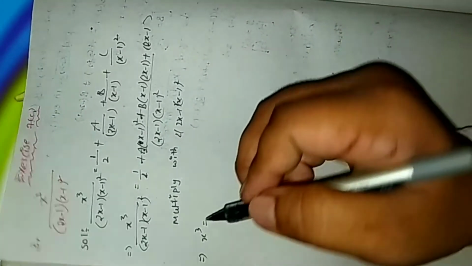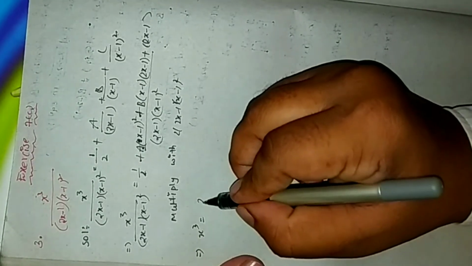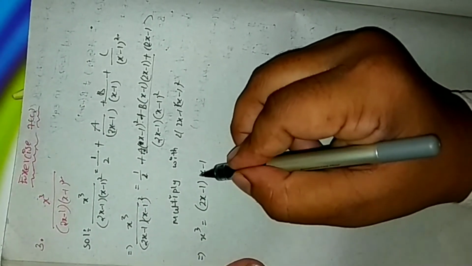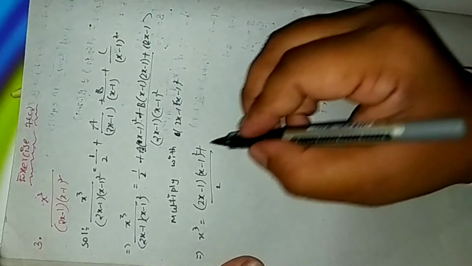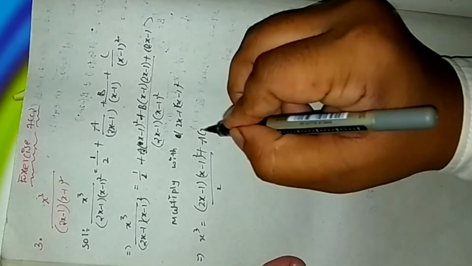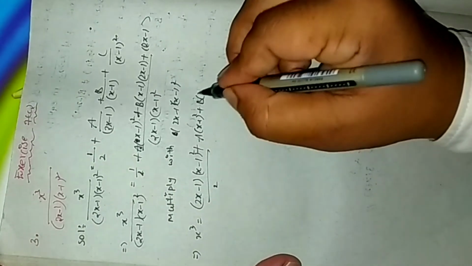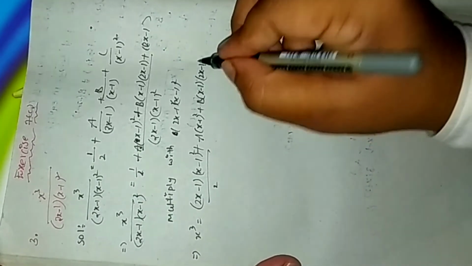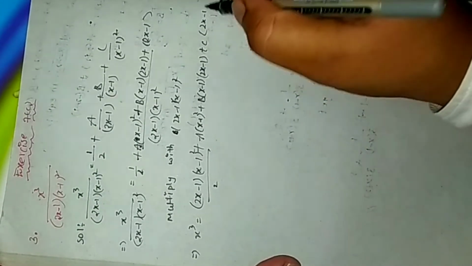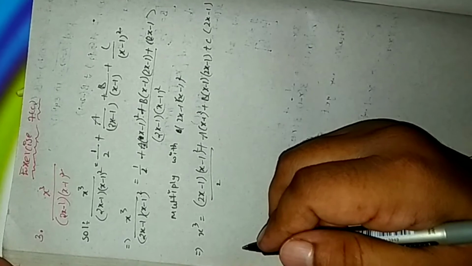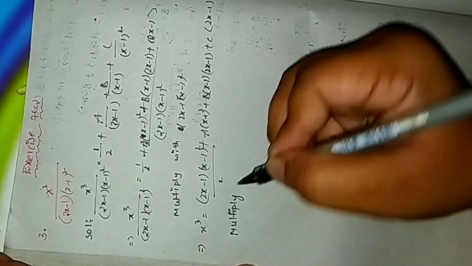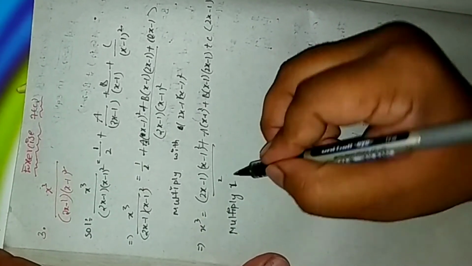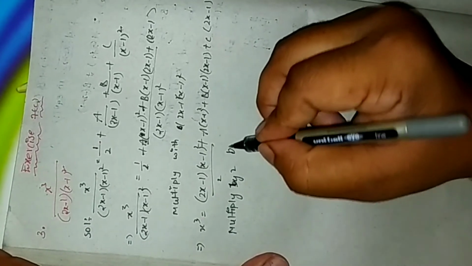Okay, this denominator gets cancelled, so x cube is equal to (2x minus 1) into (x minus 1) whole square plus a of (x minus 1) whole square plus b of (x minus 1) into (2x minus 1) plus c of (2x minus 1). Now multiply by 2 on both sides.